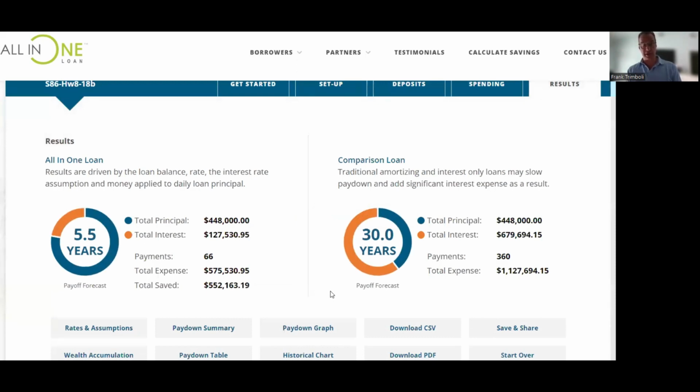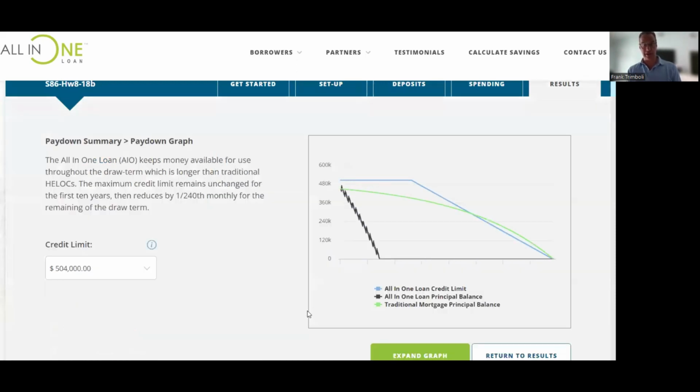Now we're going to go back to the results screen, and we're going to go down to the pay down graph. The green line is your traditional 30-year fixed mortgage that never changes. It is what it is. With a traditional, you're paying upfront interest for the life of the loan. The black graph is your All-in-One. That's the trajectory of your balance decreasing at a rapid pace, paying it off in 5.5 years.